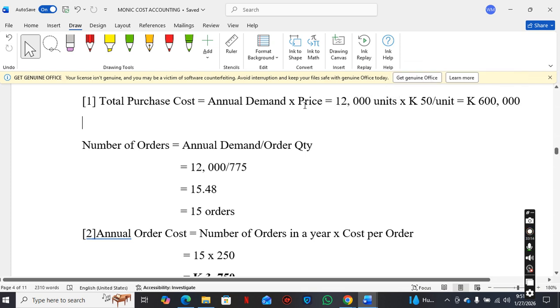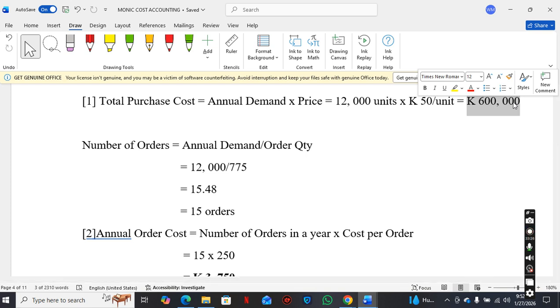The price per unit is 50 kwacha per unit. So in total we pay 600,000. The EOQ can't affect the purchase price.